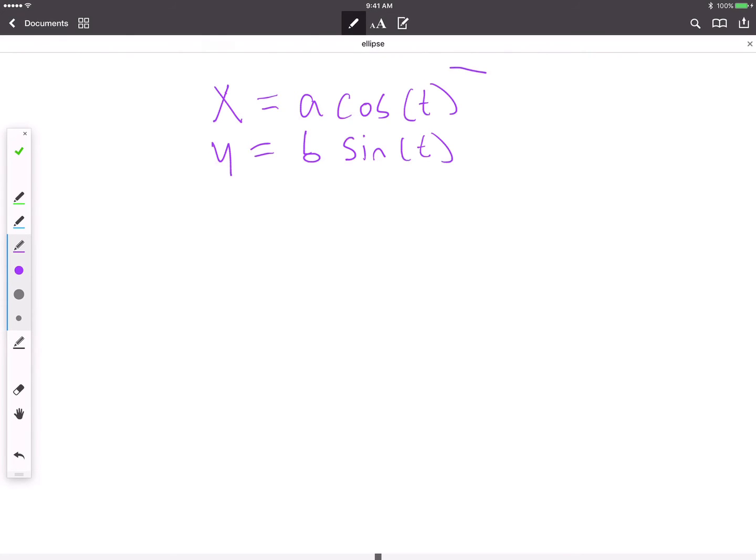Now this parametric variable here, t, it's a little bit tricky to understand. It's not really an angle. It can be time. In fact, it works really well as a time variable. Or it can be really any physical quantity that you want to represent.